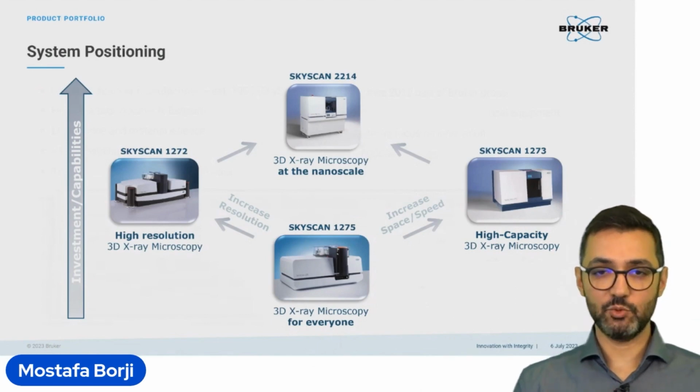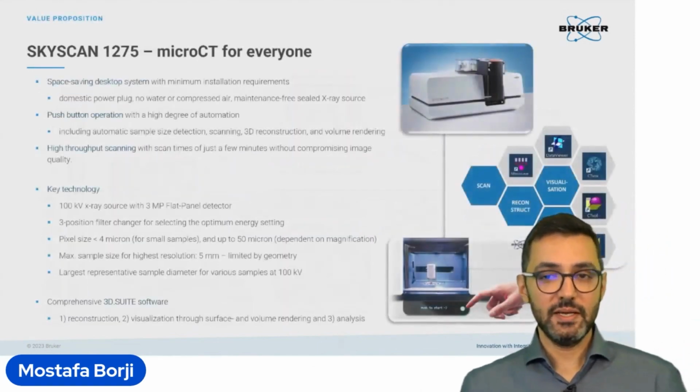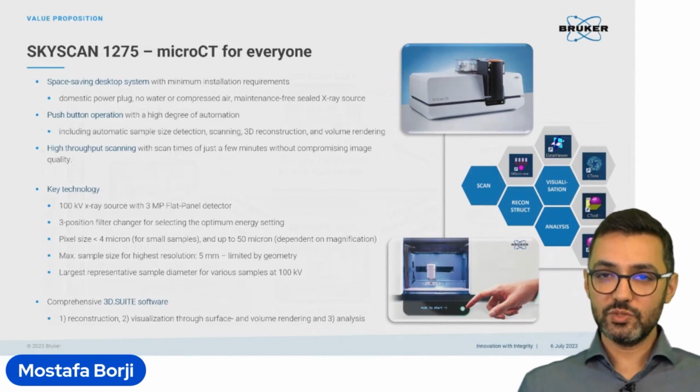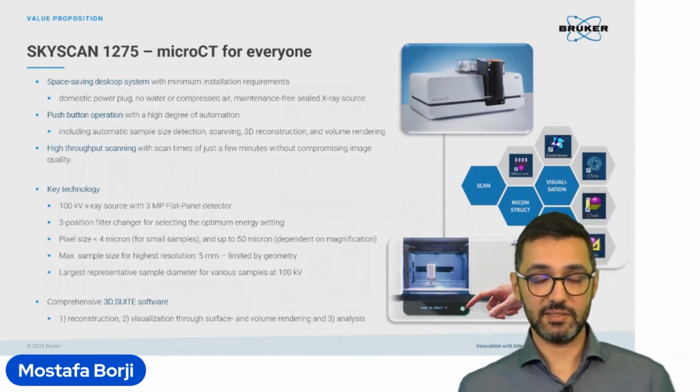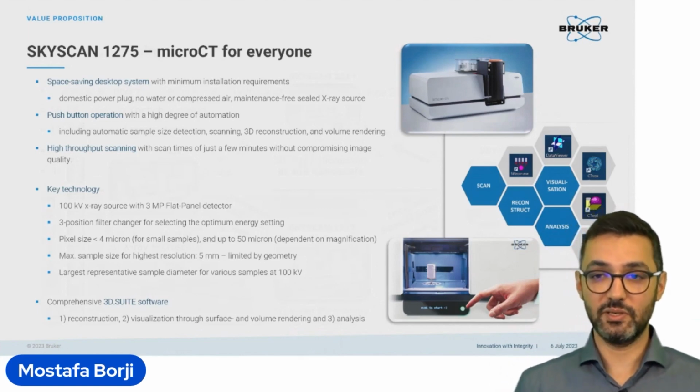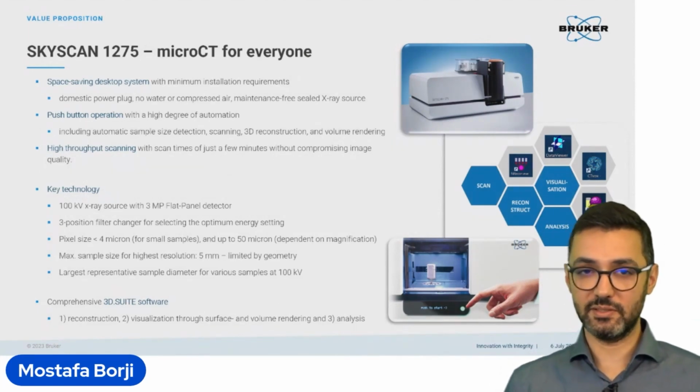So the SkyScan 1275 is a very easy to use scanner and also very suitable for fast scans. It has a very high ability to run automated procedures.